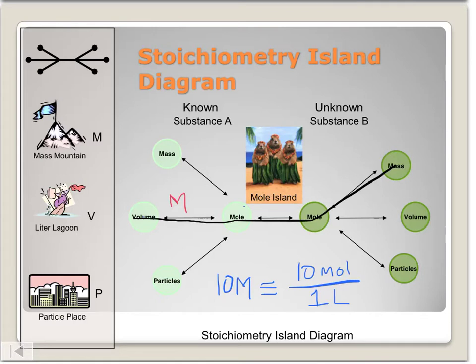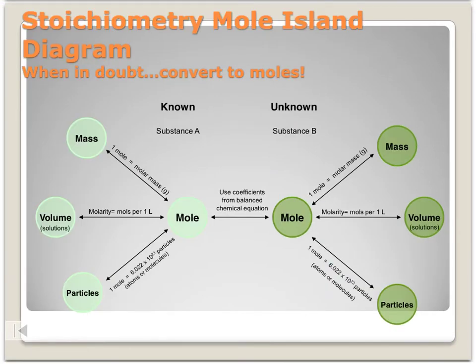And then we can go from moles to moles just like normal, and from moles to grams just like normal. So if you still have your Mole Island notes from back when we first started talking about stoichiometry, this does look a little different. When we talked about volume back then, we talked about it in terms of gases. Now we're going to talk about it in terms of solutions. And so to go from volume to moles, we would use molarity, which is the moles for every 1 liter.